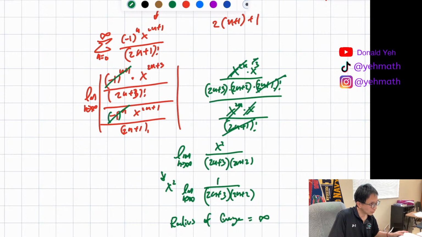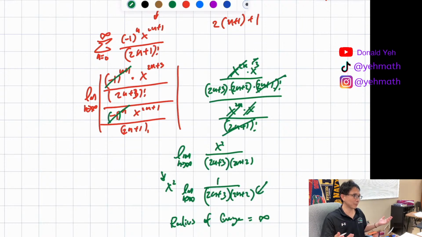So if the limit as n approaches infinity of that equals 0, that means the radius is infinity. Yeah, the radius is infinity because it doesn't matter what I plug in there. It's all going to be less than 1 because the bottom is infinite. The top part is some type of number, because it's not x approaching something, right? It's just x squared. So it doesn't matter what value I plug in, divided by infinity, it's still going to be less than 1.